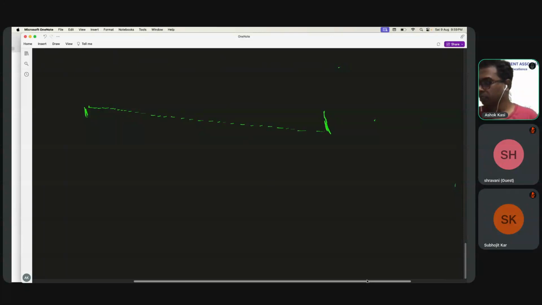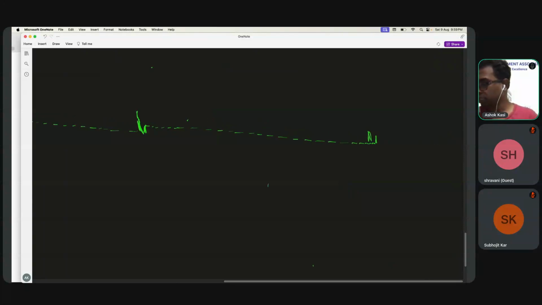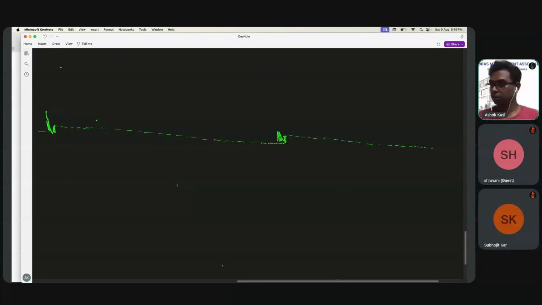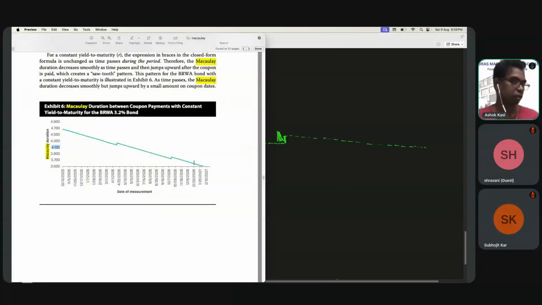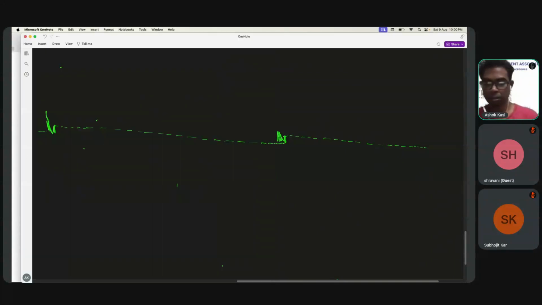And once that payment is done, when is the next payment? The next payment is far away now, so slightly it will increase. And then it will expect the coupon payment, so it will slowly come down. Then the next one, immediately after the payment, it will slightly increase, and then it will keep coming down. This is the Macaulay duration between coupon payment dates.